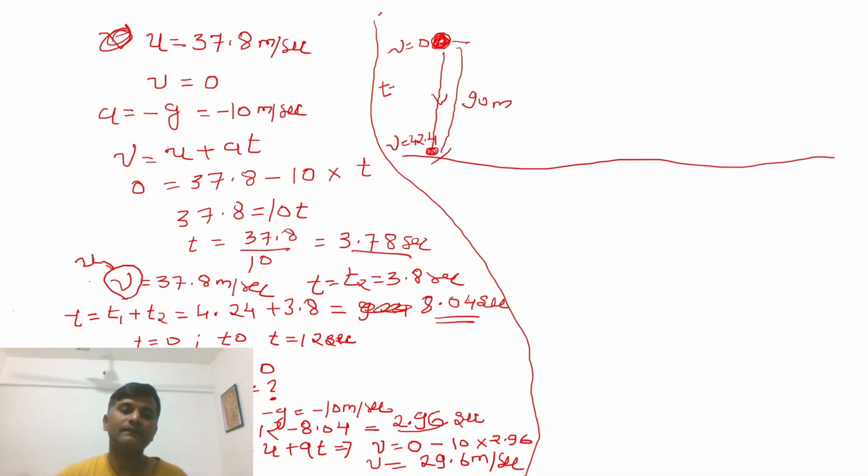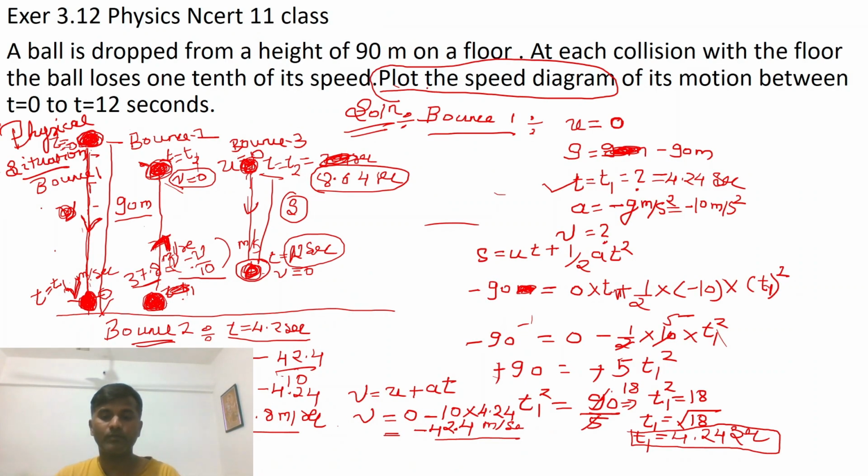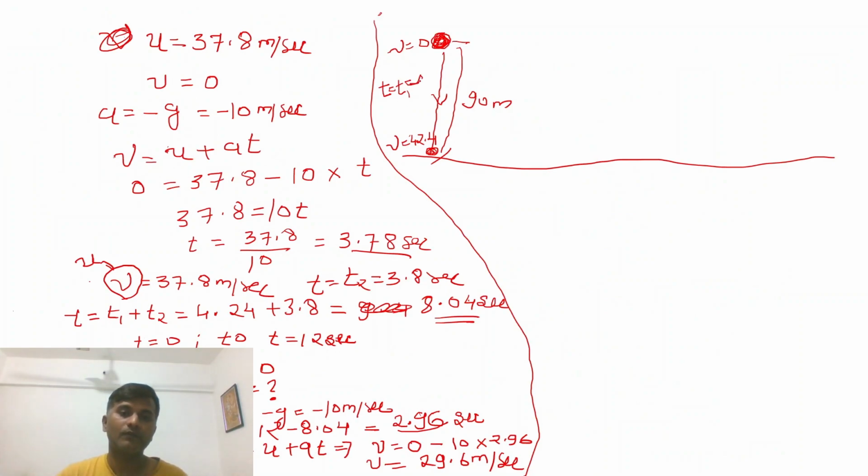What is the time taken? t1 is equal to 4.24 second. Now from here it is bouncing back. When it is bouncing back, the velocity here is again 0.